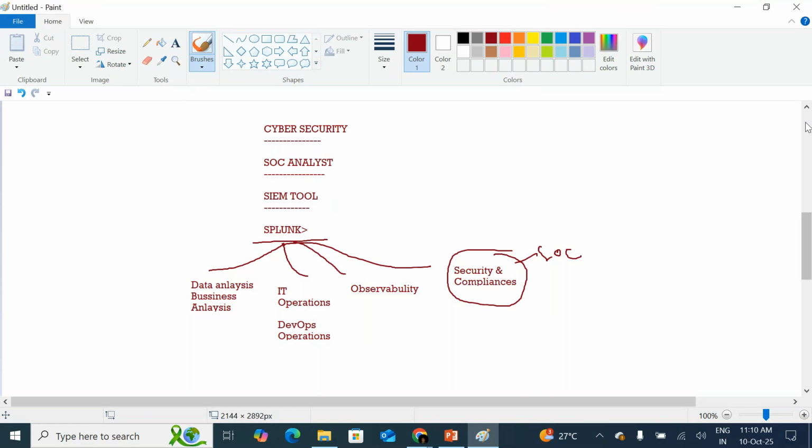Nowadays, we are driving our vehicles. In the coming days, AI will drive your vehicles. So at that time, security concerns will be much more important. Vehicle performance, vehicle sensors, everything you need to observe. You got my point? Why? Because there is code written on that sensor. So whether it is behaving correctly or not, you need to check.